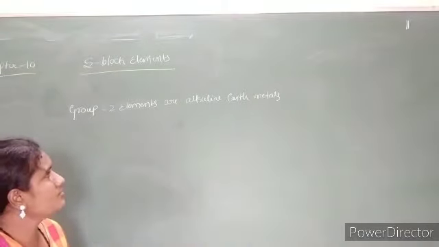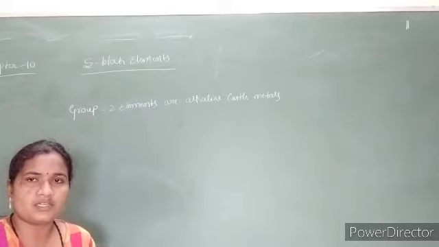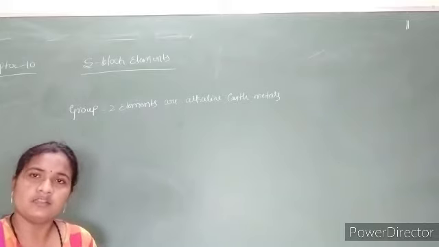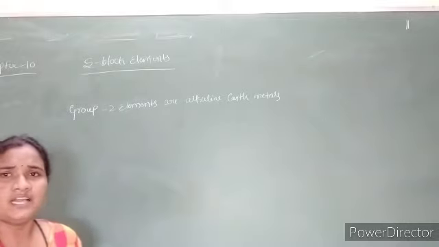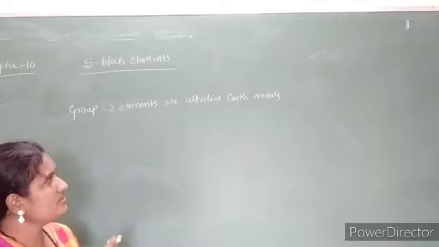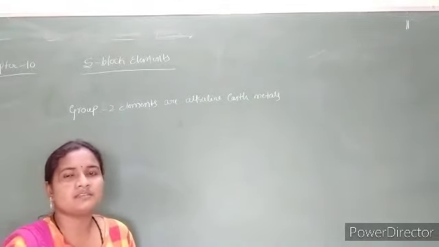These are said to be alkaline earth metals because whenever they react with water, they form oxides as well as hydroxides. Those are alkaline in nature and they are found in the earth crust. So that is why the group 2 elements are called alkaline earth metals.